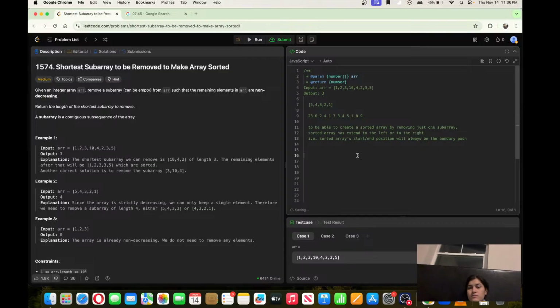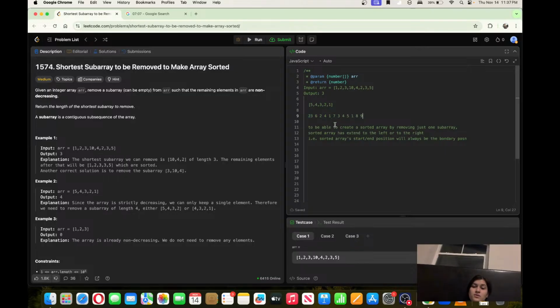If you understand, because if that is not the case, suppose the sorted array does not start from the beginning, or the sorted array does not end at the end, then it is not possible. Because we cannot say that this middle one is the sorted array, since then we would have to delete subarrays from the left and right.